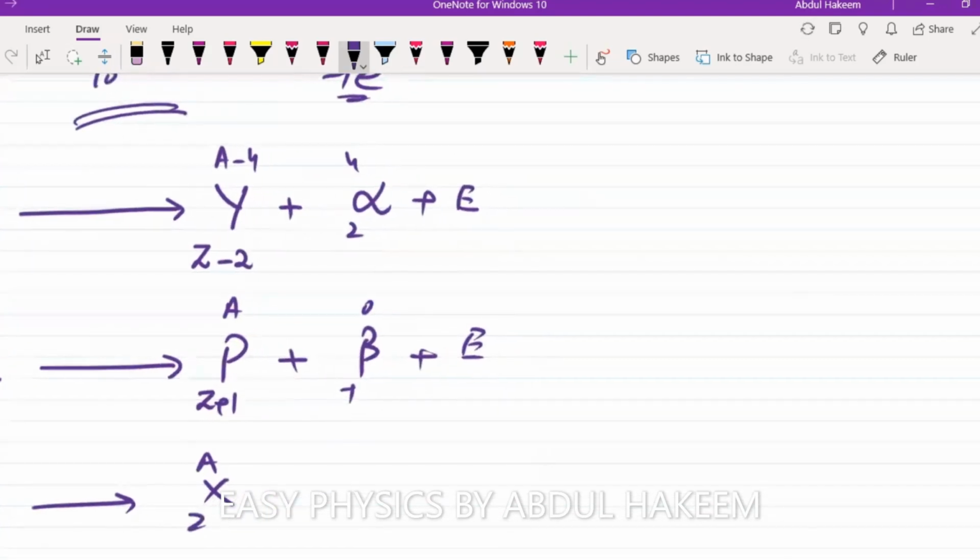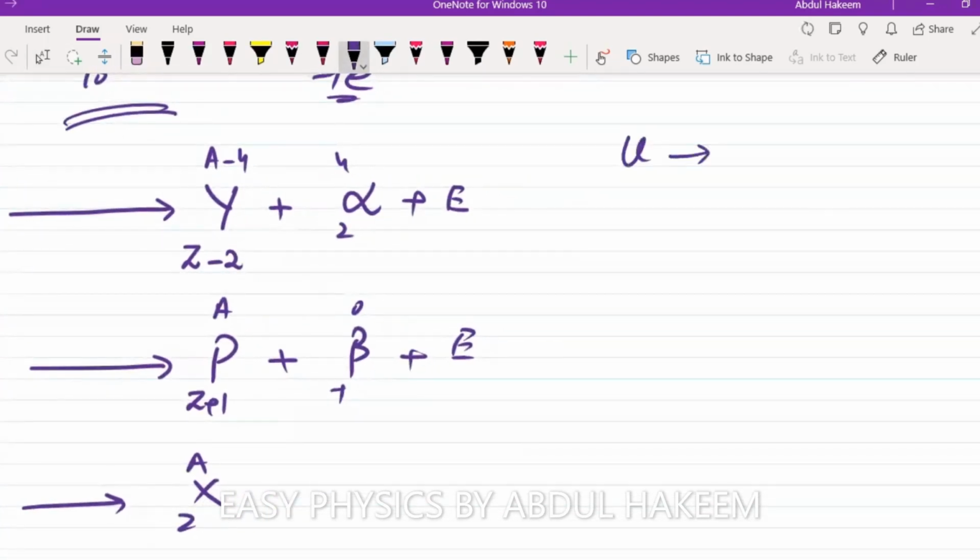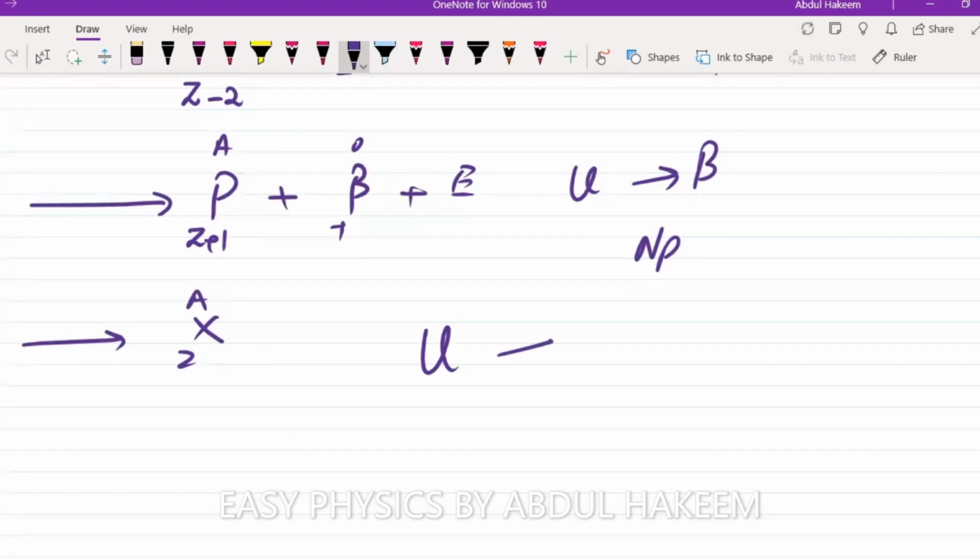For example, if uranium is emitting alpha, then it is converted into thorium. If uranium is emitting beta, it is converted into neptunium. If uranium is emitting gamma, which is just a radiation, there is no effect.